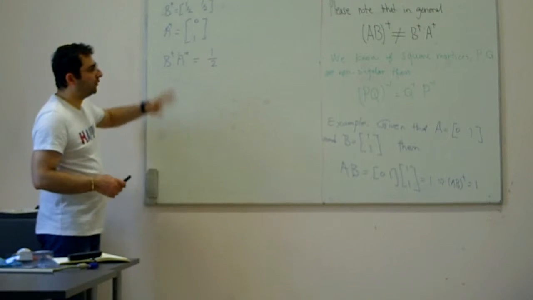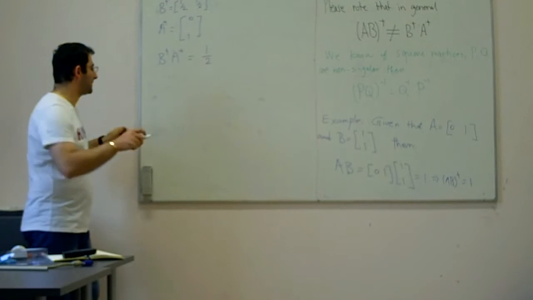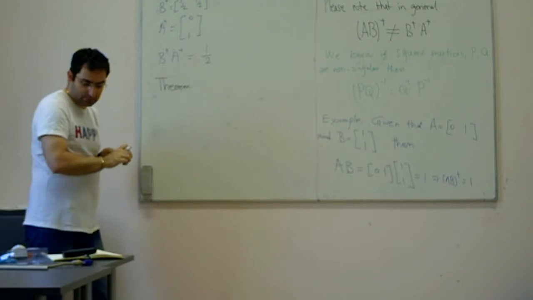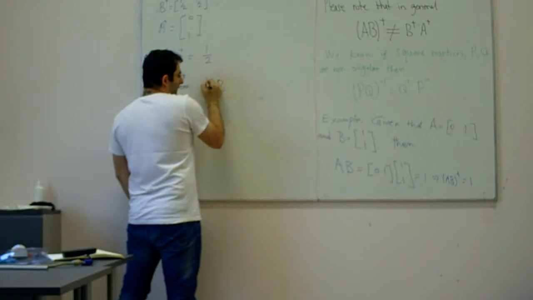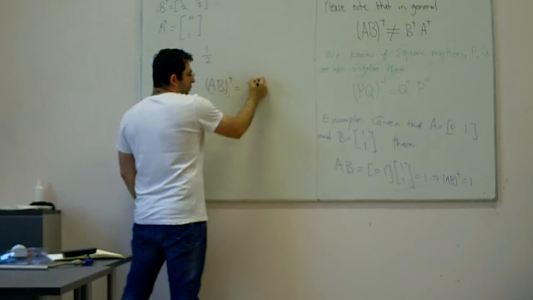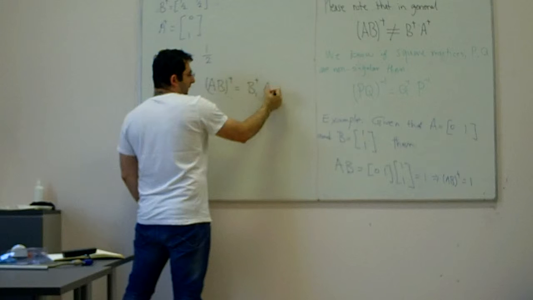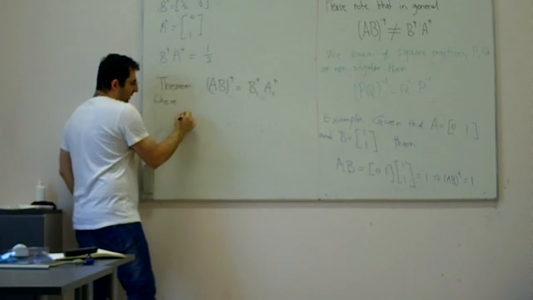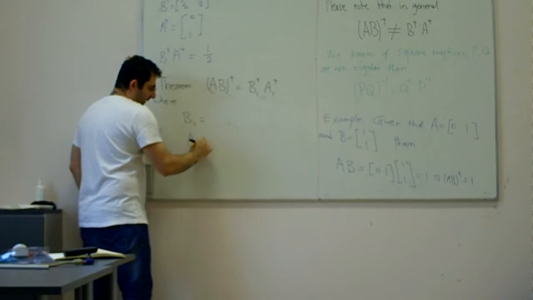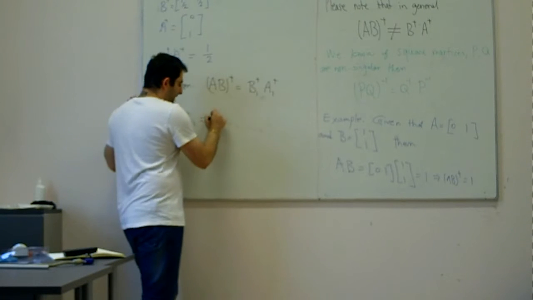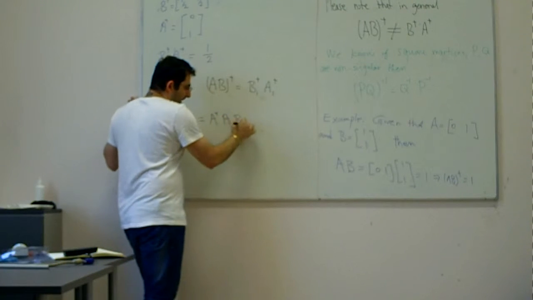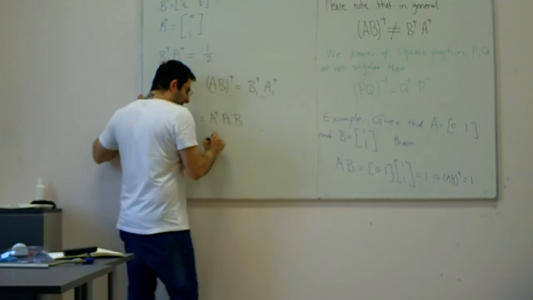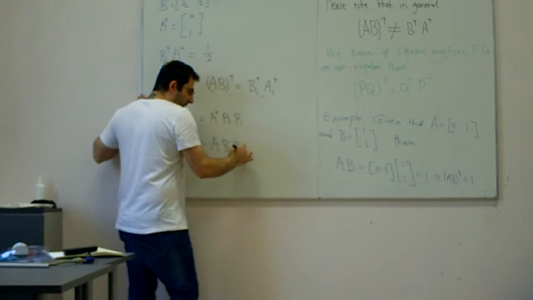However, although (AB) plus is not B plus A plus, we have a theorem which says that (AB) plus is equal to pseudo-inverse of B1 multiplied by pseudo-inverse of A1, where B1 and A1 are defined to be B1 is A plus AB, and A1 is A B1 B1 plus.